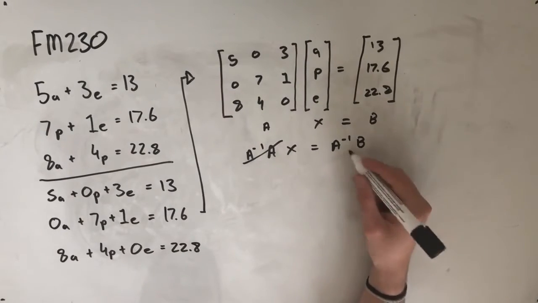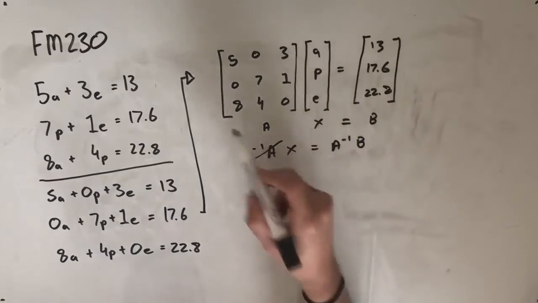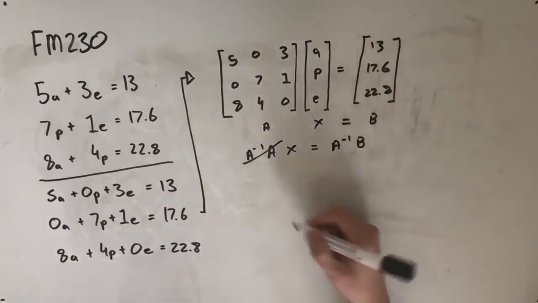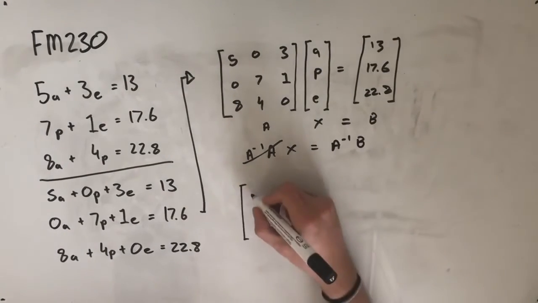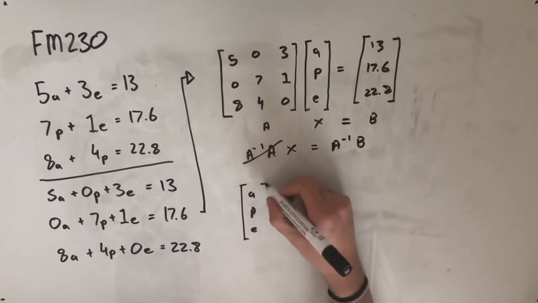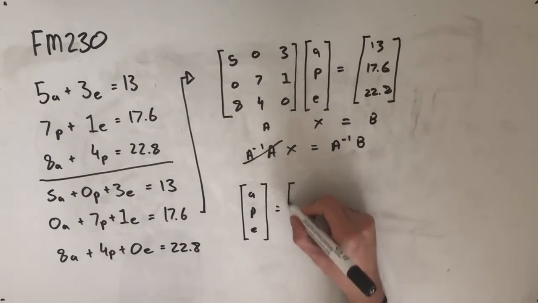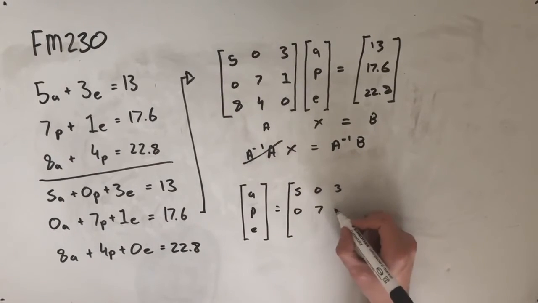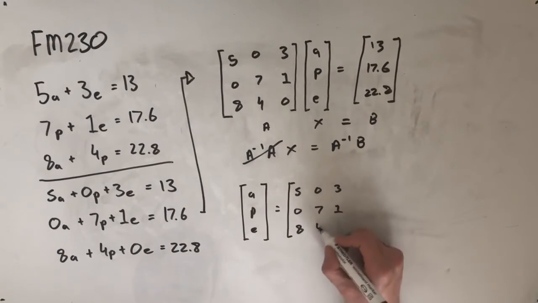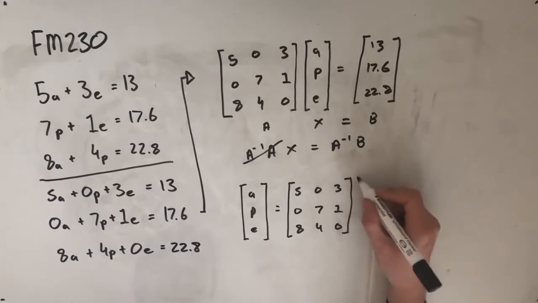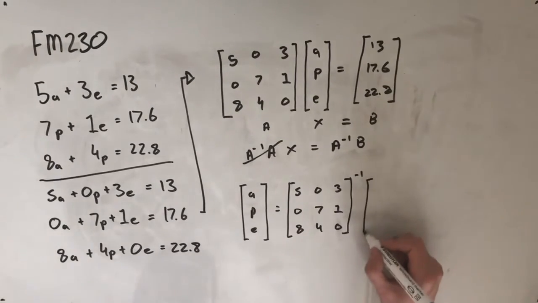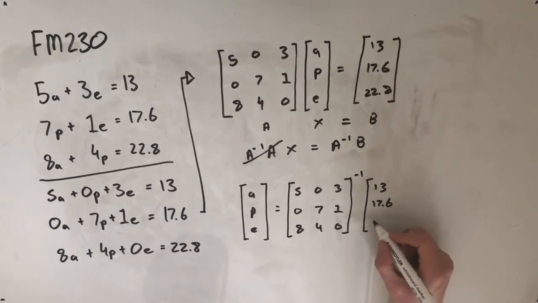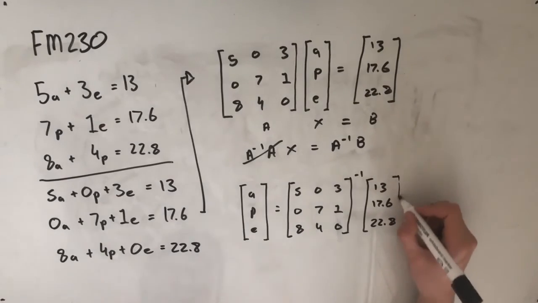And so we know that X is equal to our inverse of this initial matrix that we've set up times B. So we know that A, P, E is going to be equal to our 5, 0, 3, 0, 7, 1, 8, 4, 0 to the power of -1 times 13, 17.6 and 22.8.